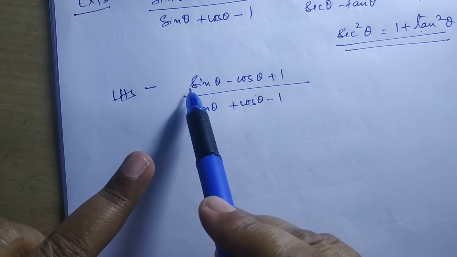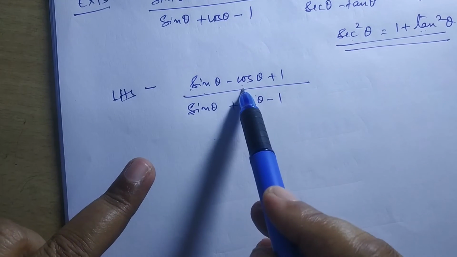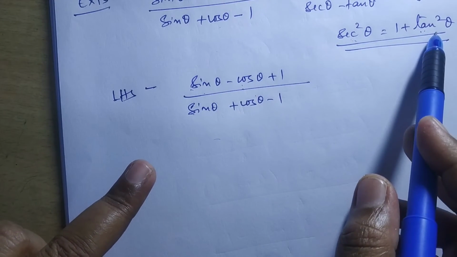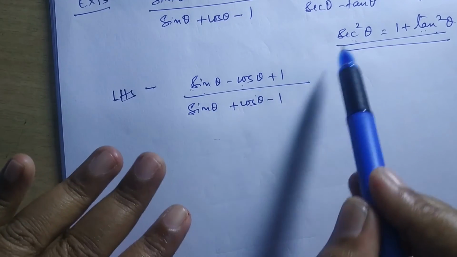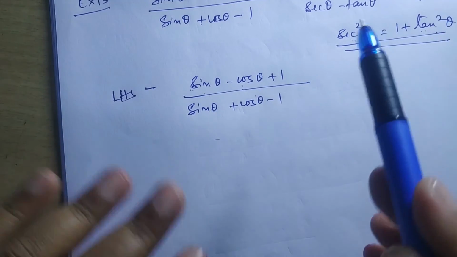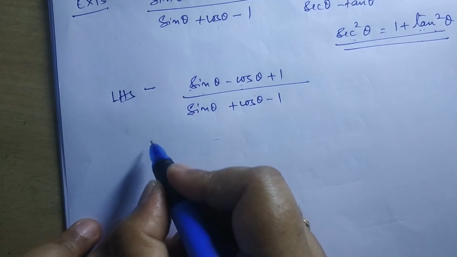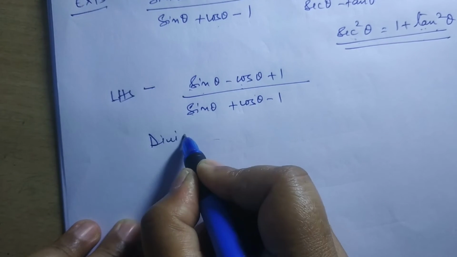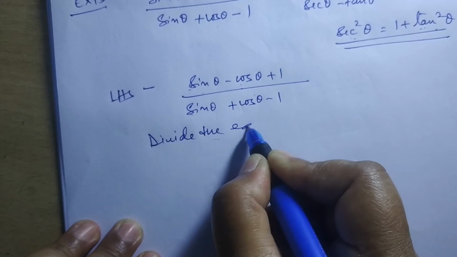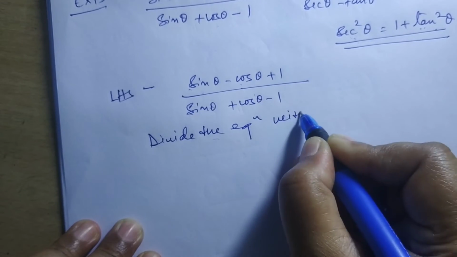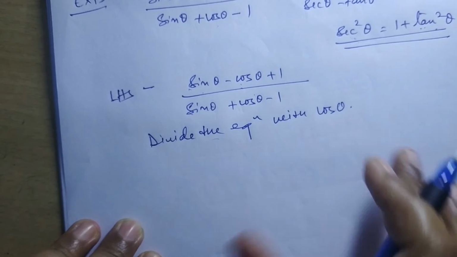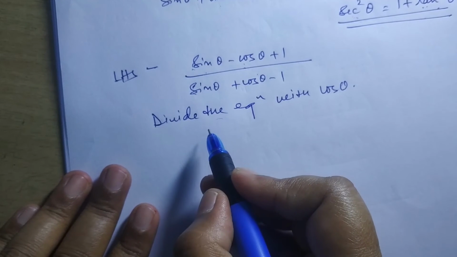So I find some relation of these two to sec and tan. So let me convert this to sec and tan form. For that, what will I do? I will divide the equation by cos theta, both the numerator and denominator.